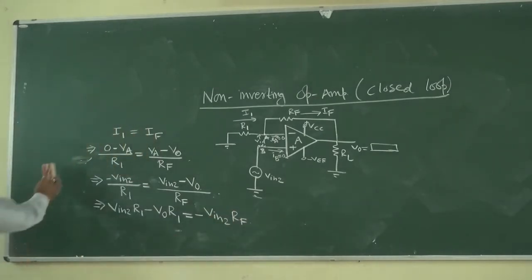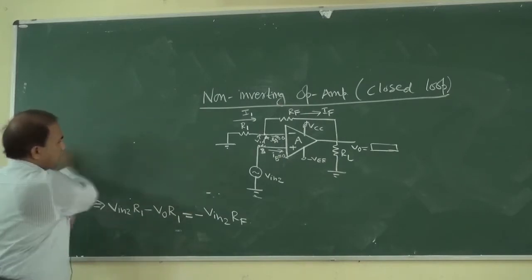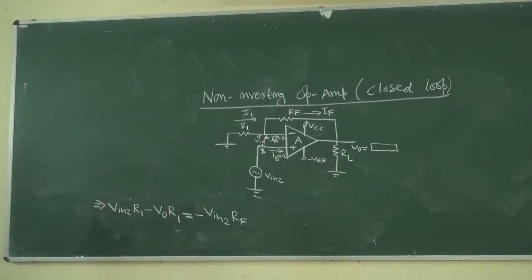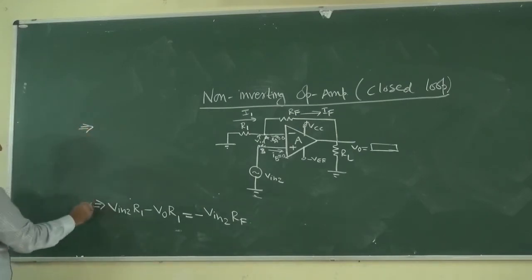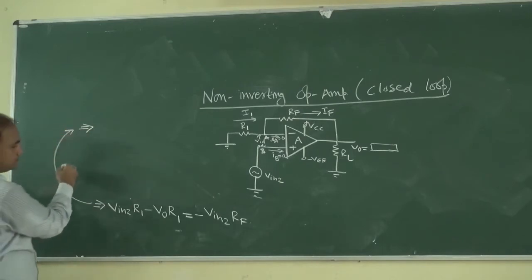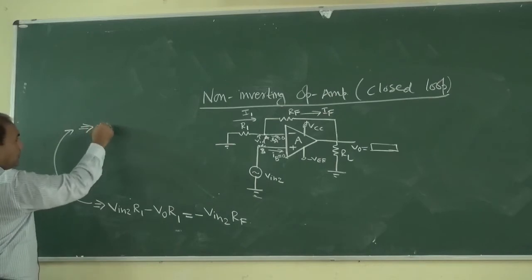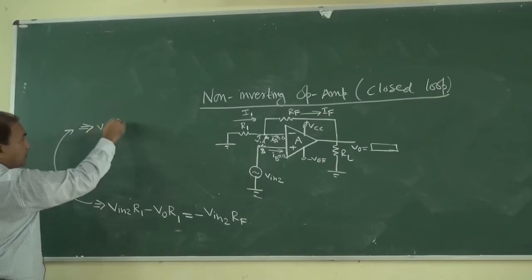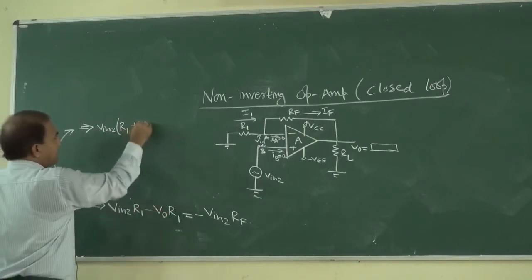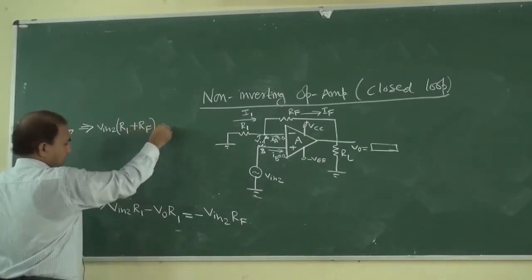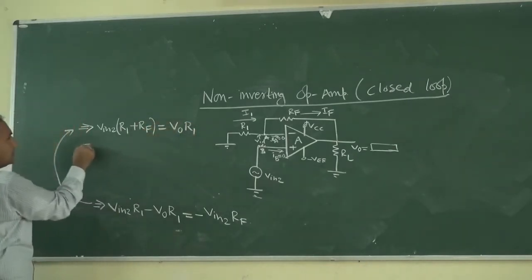Okay, so this expression we can write V in into R1 plus RF is equal to V output into R1.